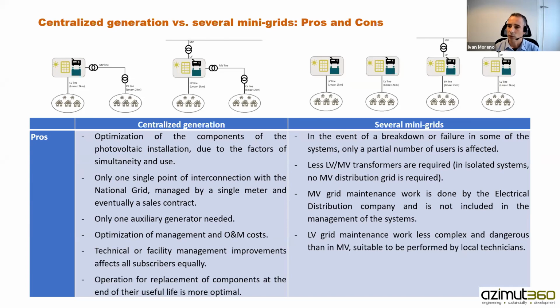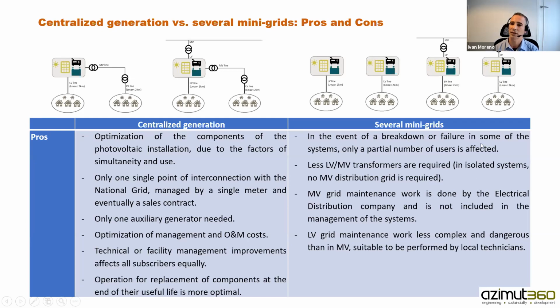If we go to the several mini grids situation, another good point is that in the event of a breakdown or a failure in some of the systems, only a partial number of users is affected. It is clear.